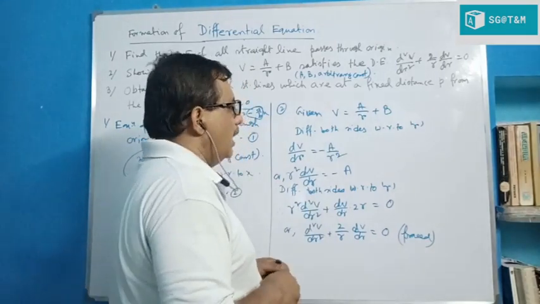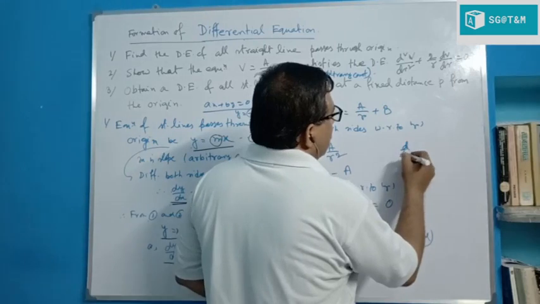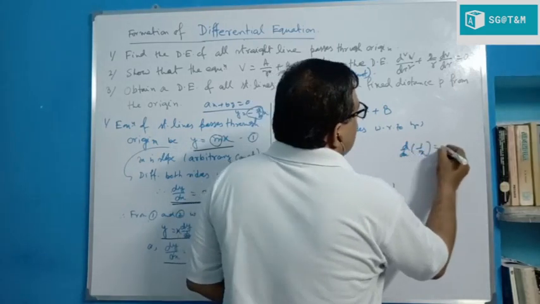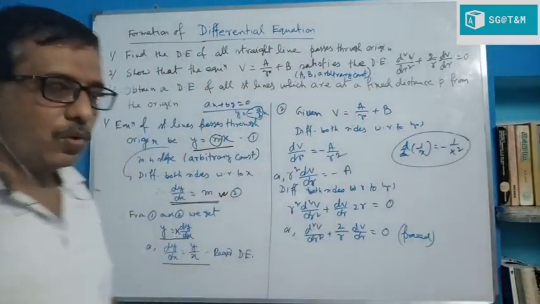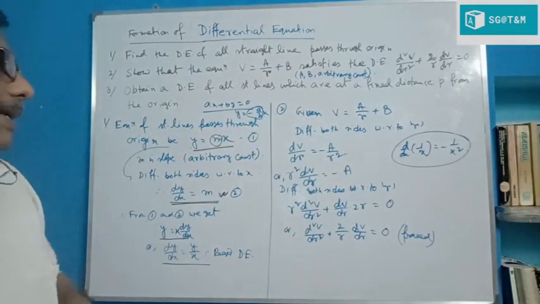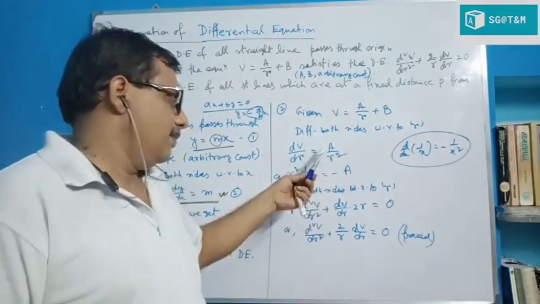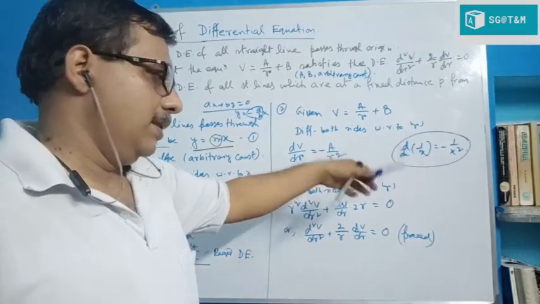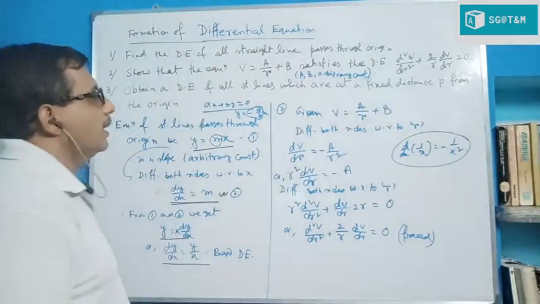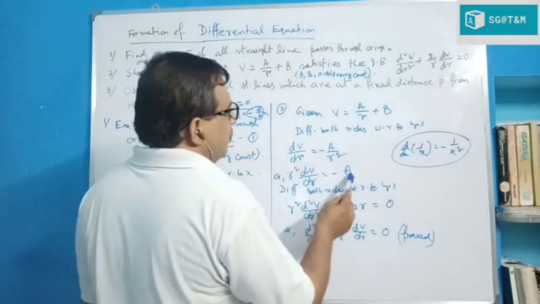The derivative of 1 by x is minus 1 by x square, as is known to all of us. So the derivative of 1 by r is minus 1 by r square, and the derivative of a constant quantity is 0. So this is absent. Or we can write r square multiplying on both sides: r square dv/dr is equal to minus a.